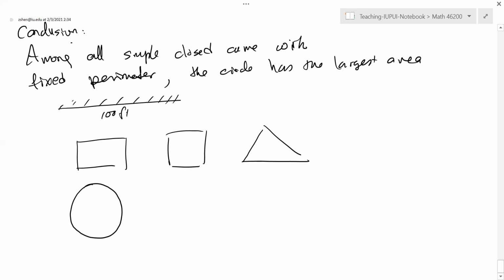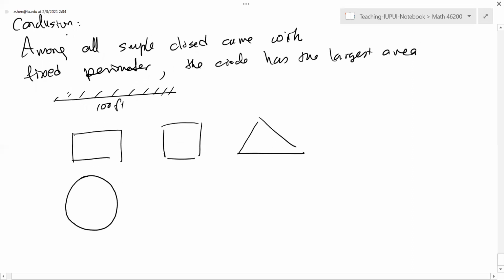Okay, so now we prove that among all the simple closed curves with a fixed parameter, we can smooth it a little bit because those are not smooth curves, but it's okay, just a tiny bit. Right, it looks almost like a square. And the circle has the largest area. The reason is, if all of them have a fixed parameter, right?